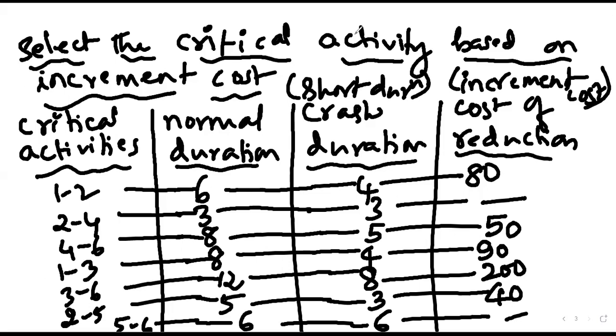Okay, so now how do we select, or which activity do we select for activity duration reduction?